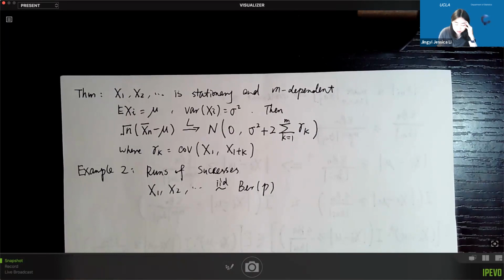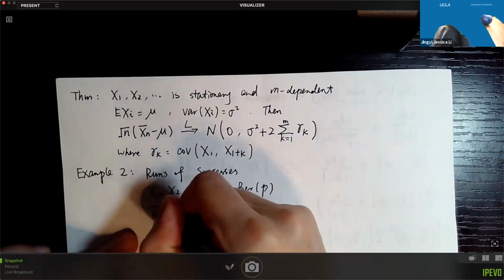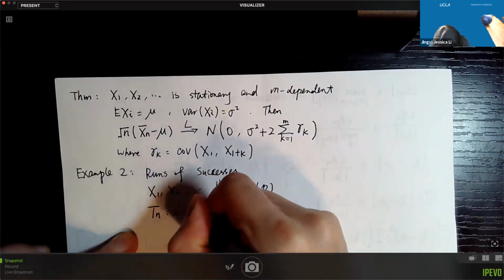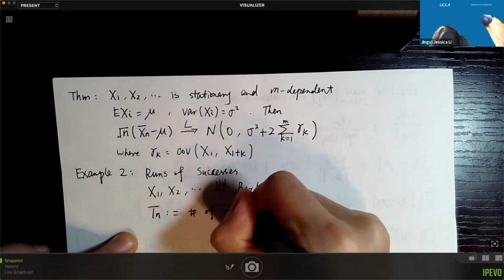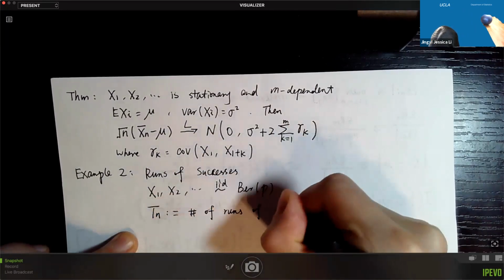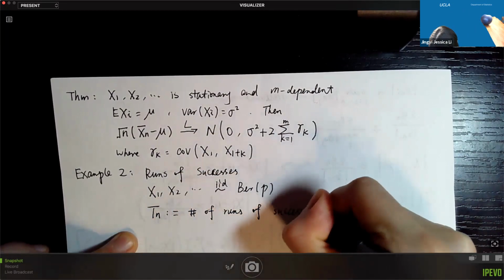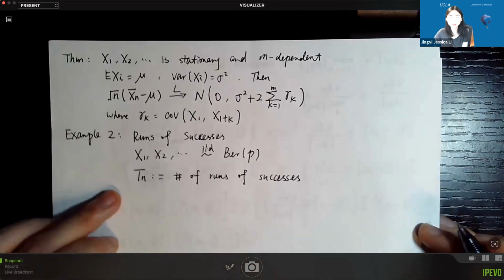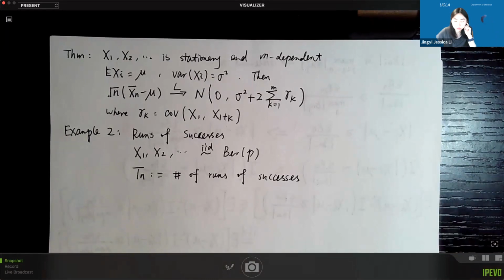And then we define Tn as the number of runs of successes. What does it mean? It means that we have a segment of ones.